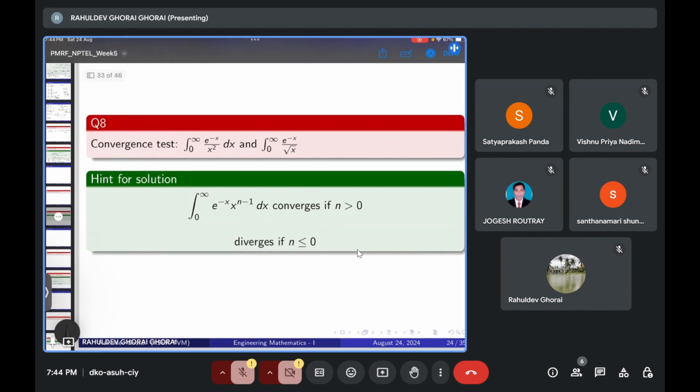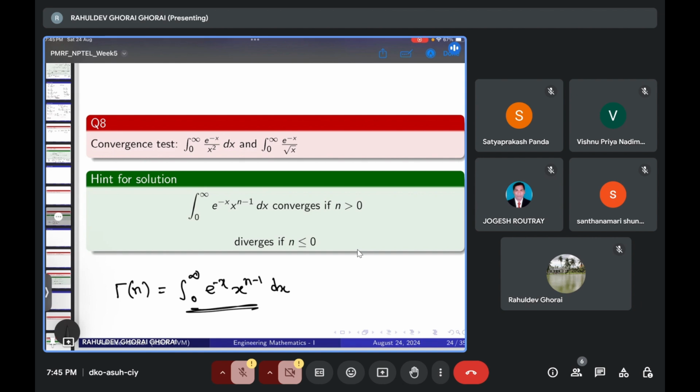So the gamma function we denote by gamma of n. Gamma of n is nothing but the integral from 0 to infinity of e to the power minus x times x to the power n minus 1 dx. And you remember that this integral converges if n is strictly greater than 0, and it diverges if n is less than or equal to 0.